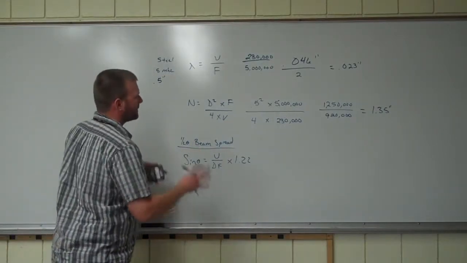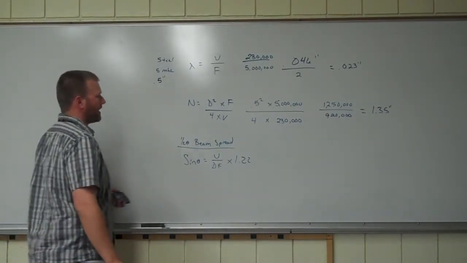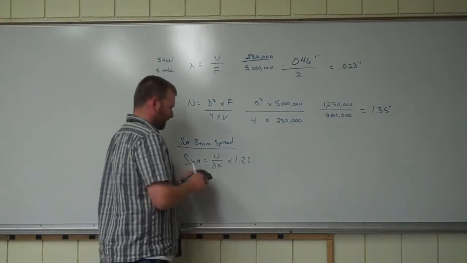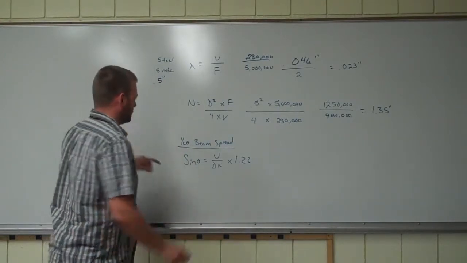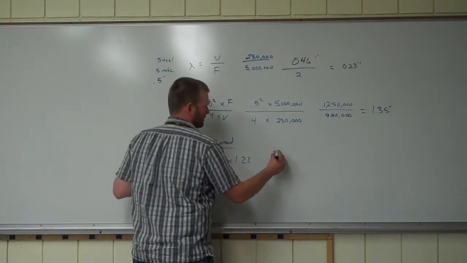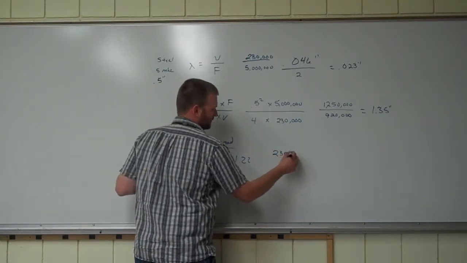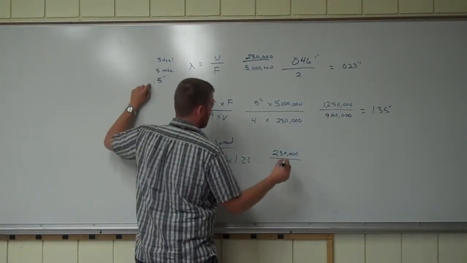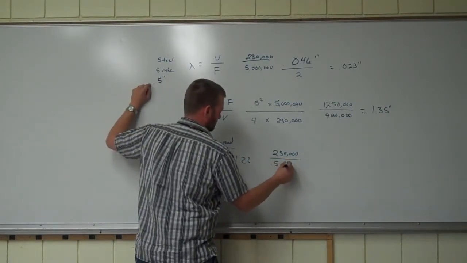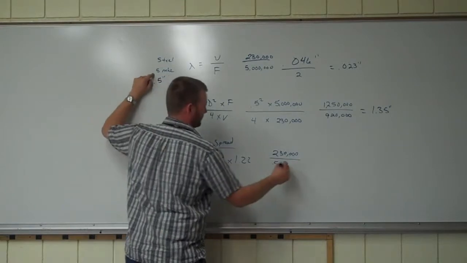We're just working the formulas, and then I'm going to draw a picture and show you what this is all about. We're still keeping these same numbers, just plugging them in: 230,000, diameter, there's our diameter, frequency, 5 million.